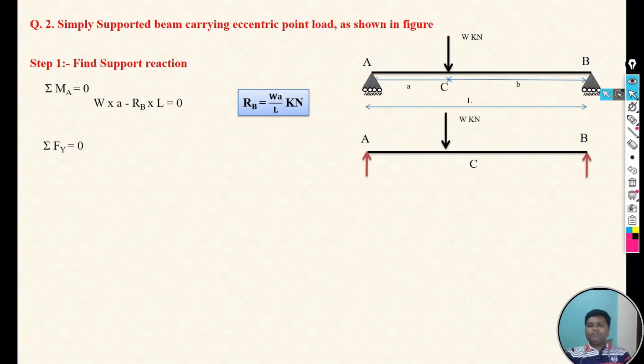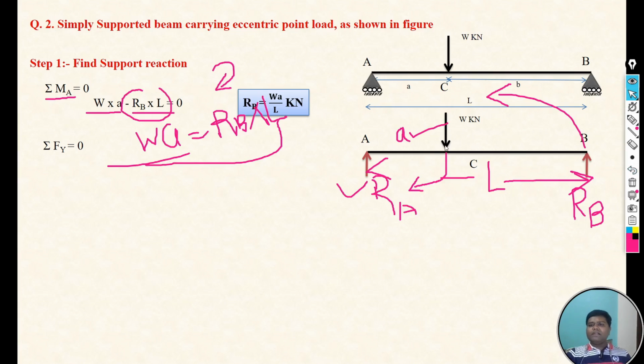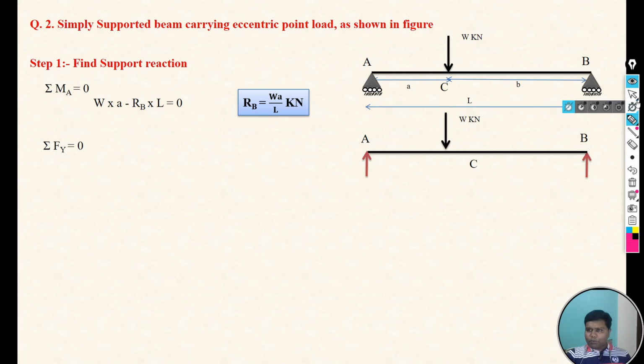Here we have three vertical forces: RA, RB and W, where RA is upward, RB is upward and W is downward. For applying summation Fy equals 0, we use upward force as positive and downward force as negative. So RA and RB are positive and W is negative. The equation will be RA plus RB minus W equals 0.